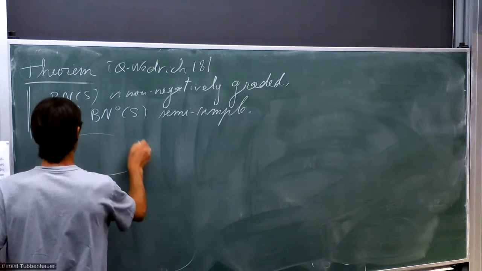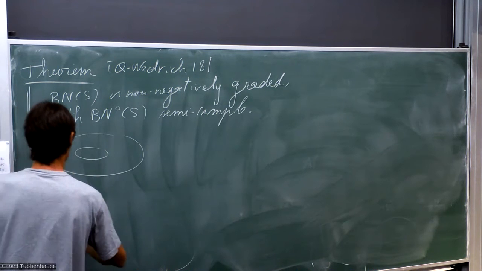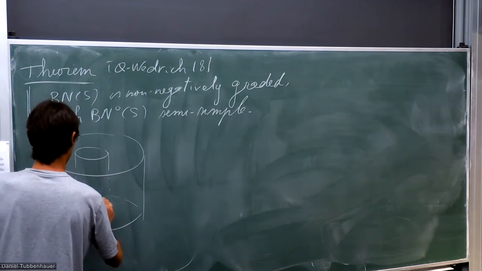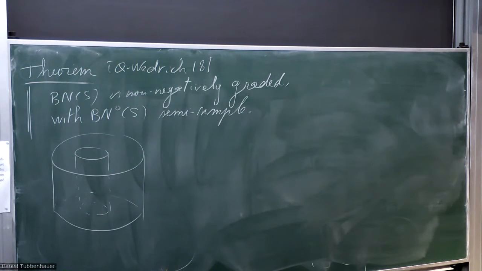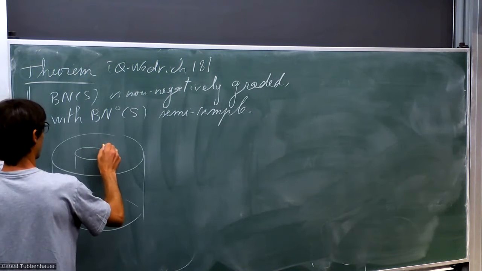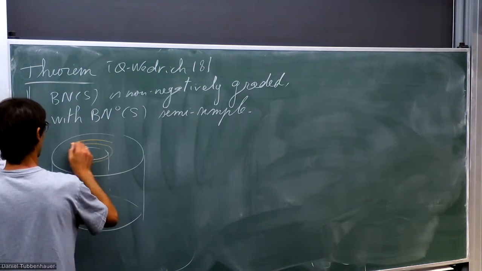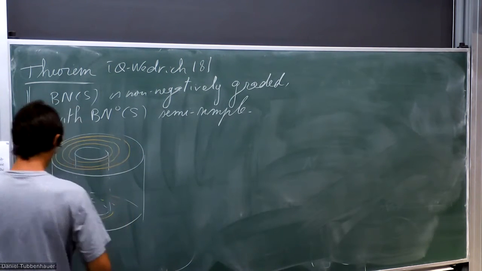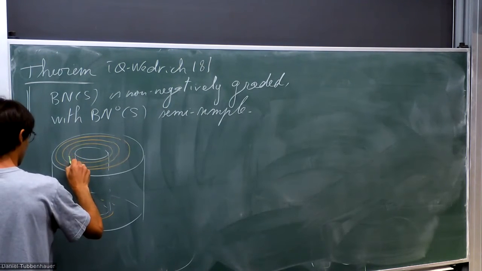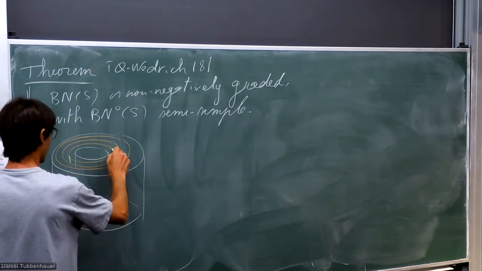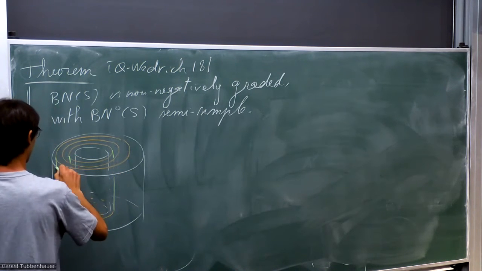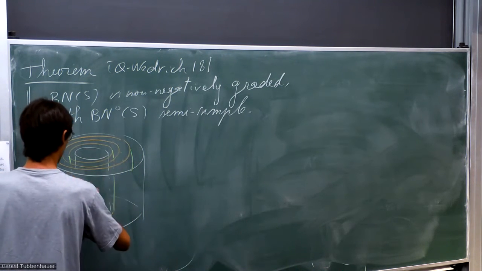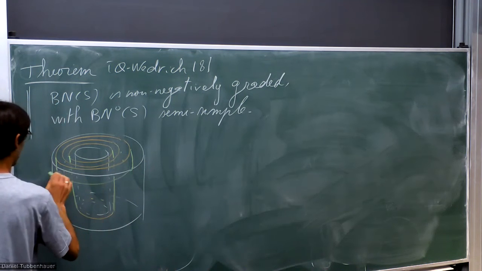I want to look at things that live in the thickened annulus and insert this one, and add some detail.